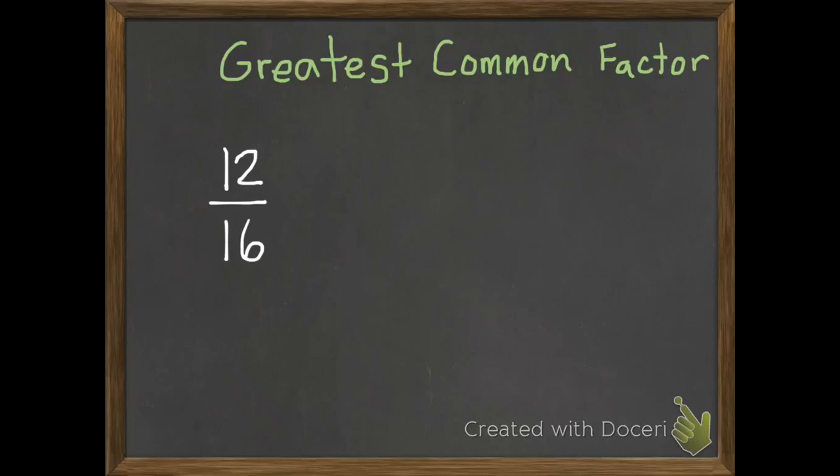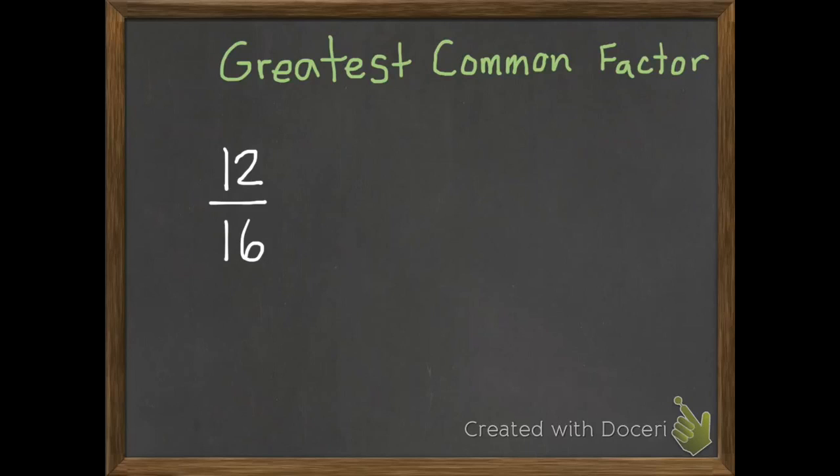Earlier in the chapter we learned how to find factors and multiples. If you've forgotten how to find factors, you may need to go and re-watch that lesson about factors again. But we're going to find the factors for 12 and the factors for 16. And hopefully, after a couple days of practice, this is starting to come quickly for you.